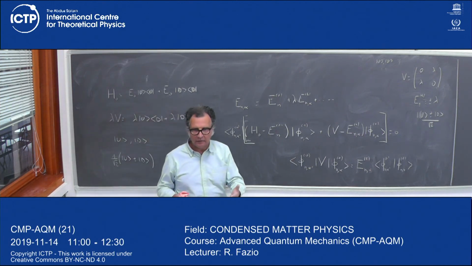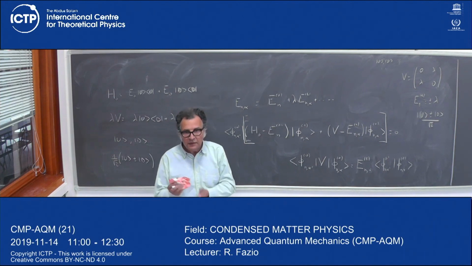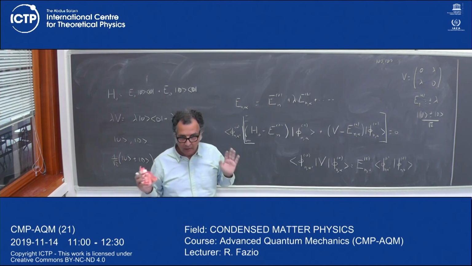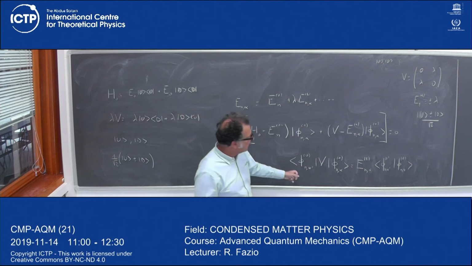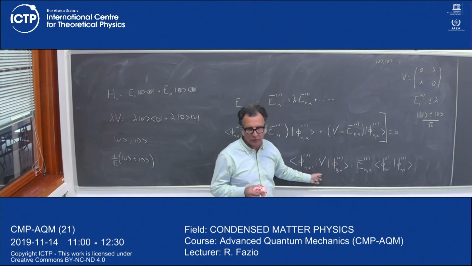At first order, you want to find one of these bases which possibly lifts the degeneracy. This equation tells you that you have to take the linear combination of phi 0 which diagonalizes the perturbation.